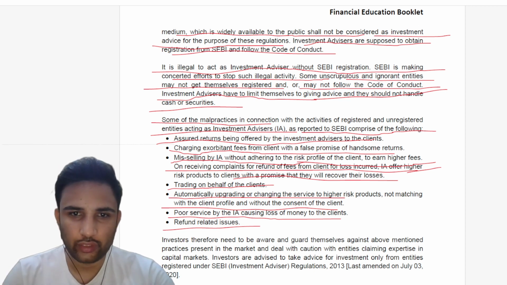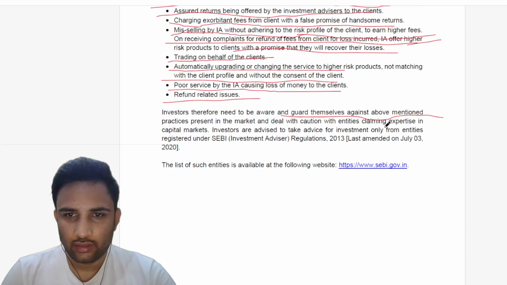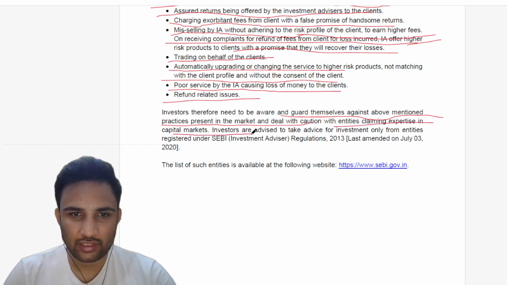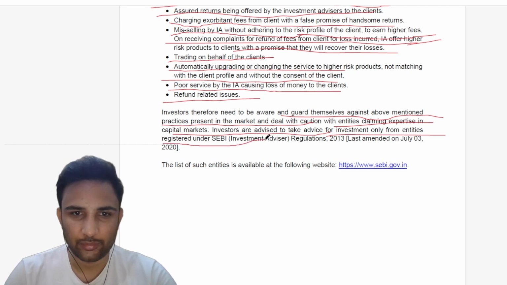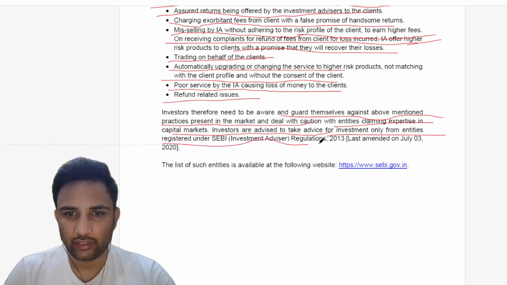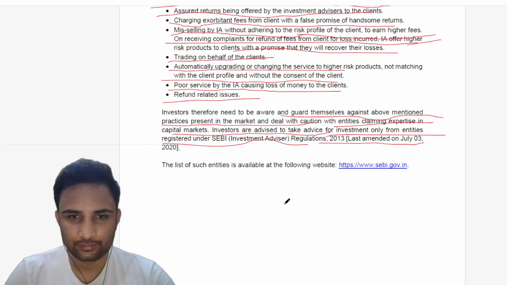Investors therefore need to be aware and guard themselves against the above-mentioned practices present in the market and deal with caution with entities claiming expertise in capital markets. Investors are advised to take advice for investment only from entities registered under SEBI Regulations 2013, last updated on 3rd of July 2020.